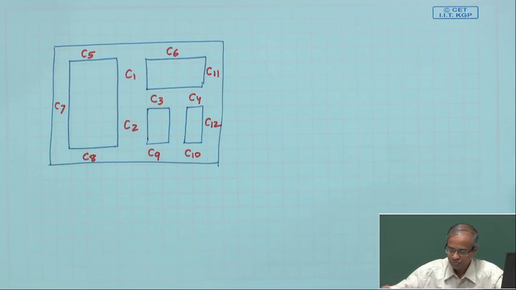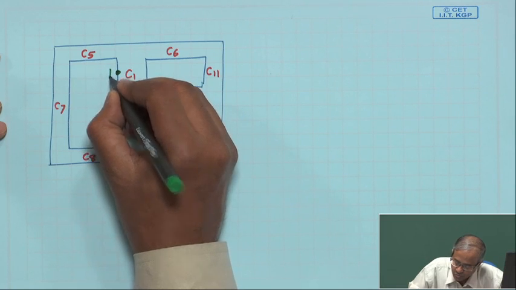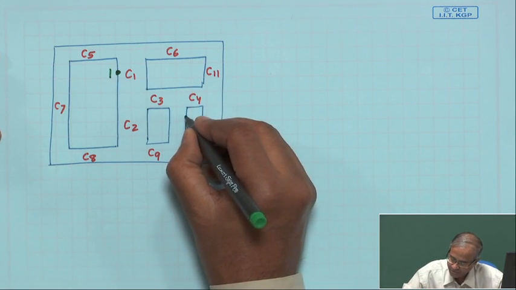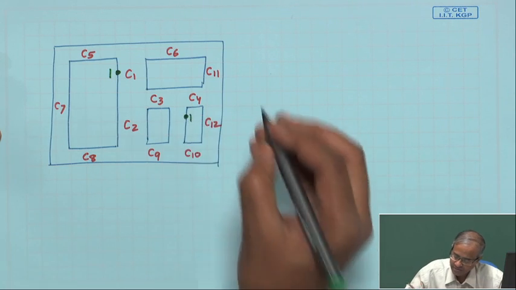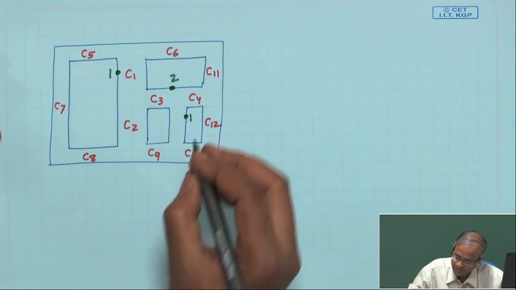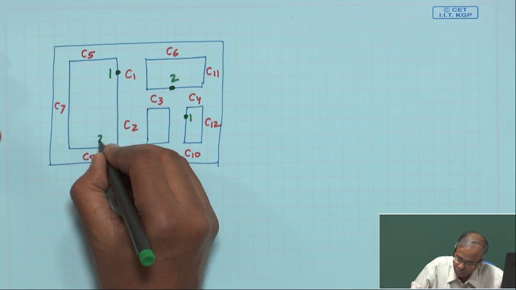Let us now also consider some example nets. For example, a pin here, let us call it 1, has to be connected to a pin here, also 1. A pin here, 2, has to be connected to a pin here, this is 2.